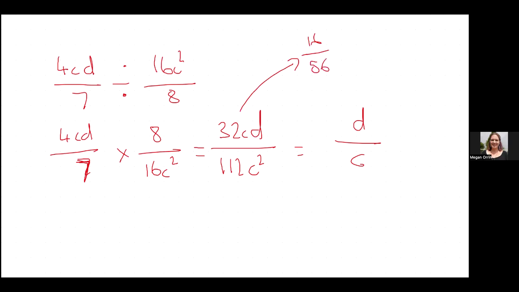Keep going. 8 over 28. You can divide by 8. Good. So let's just make that 2/7. All right, so this would be my final answer. So you're not dividing fractions, you're flipping and multiplying. I don't care if you cancel first or last, as long as you do.